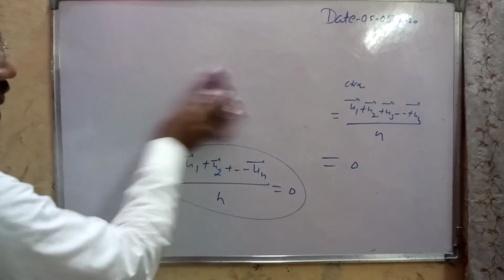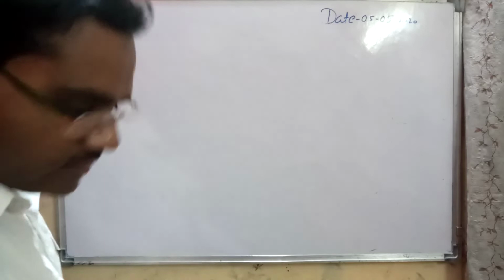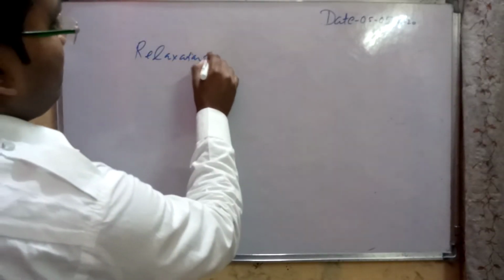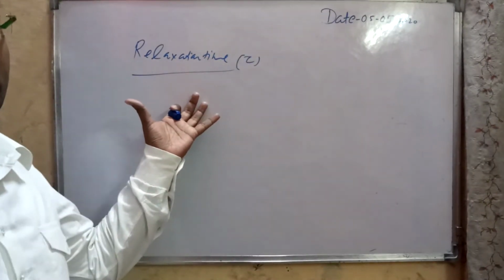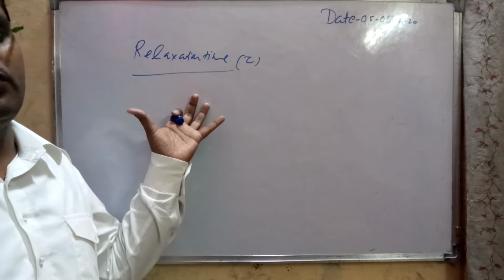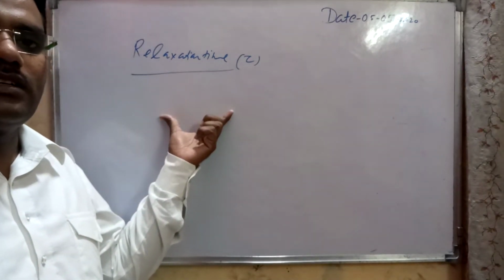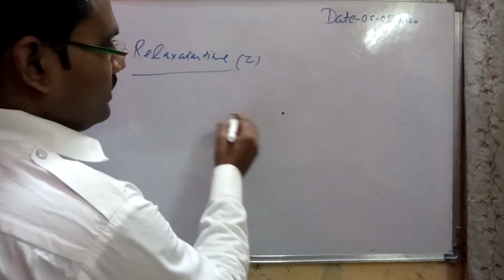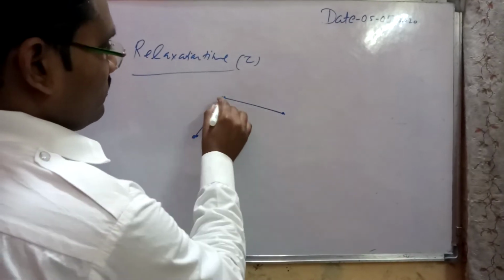Next topic related to free electron theory: the relaxation time. Relaxation time is the time taken by an electron between two successive collisions. It is defined as the average time taken in two successive collisions. Here this is the first collision, this is the second collision.